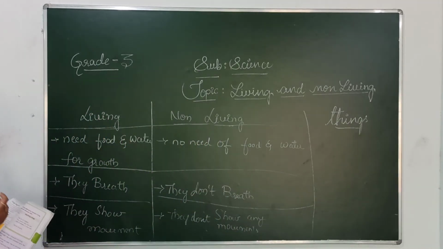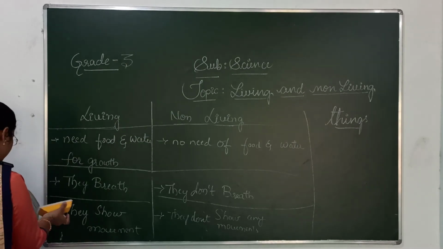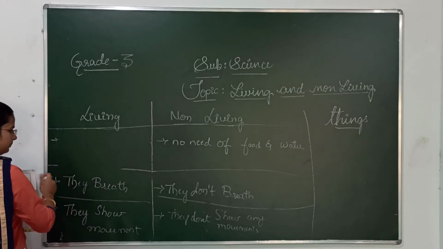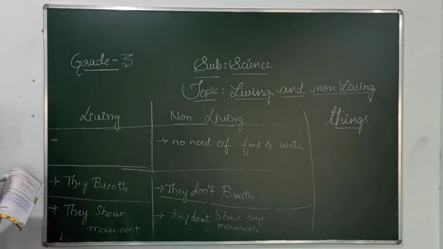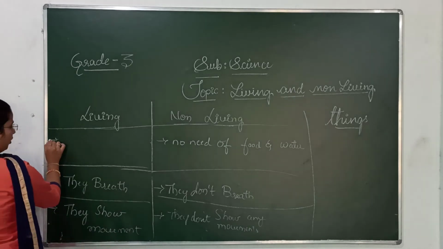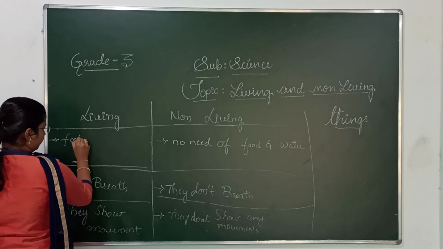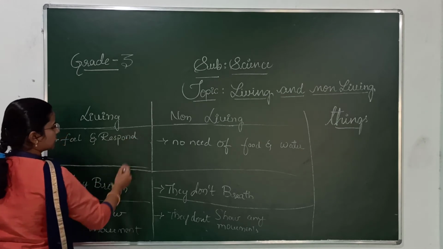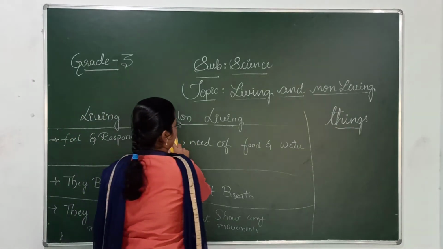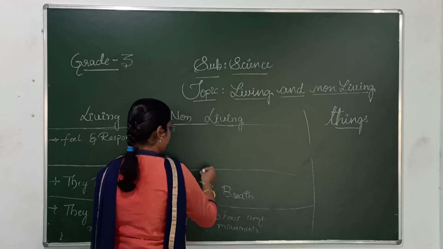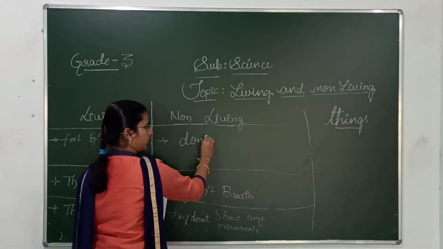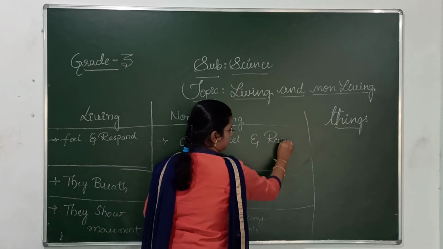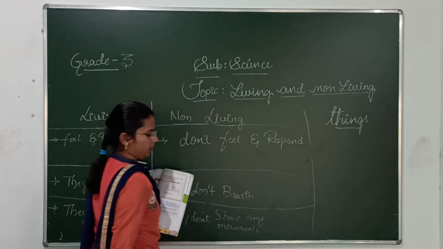I have given 3 differences between living and non-living things, and I will go with my 4th example, that is, all the living things feel and respond, but non-living things don't feel and respond.